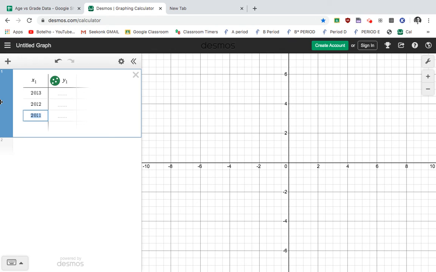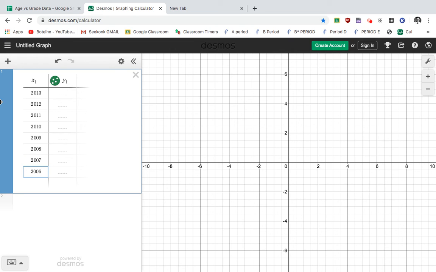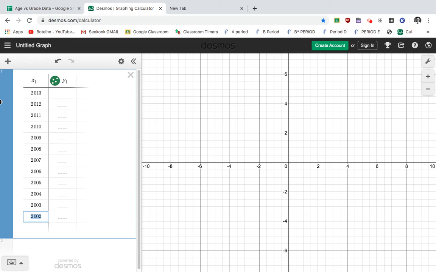And if you want to have your Desmos open during this too, and try to put in the data as well, 2009, 2008, sorry, 2005, 2004, 2003, 2002, 2001, and 2000.